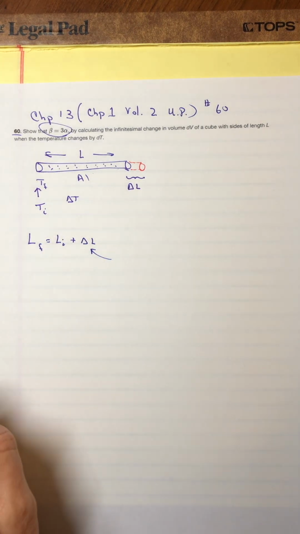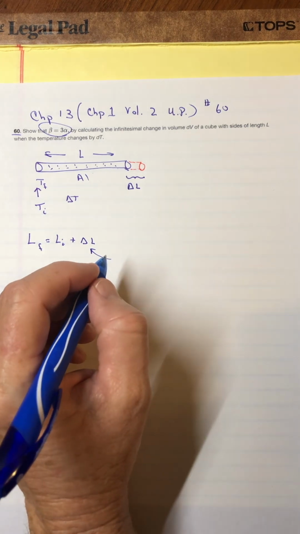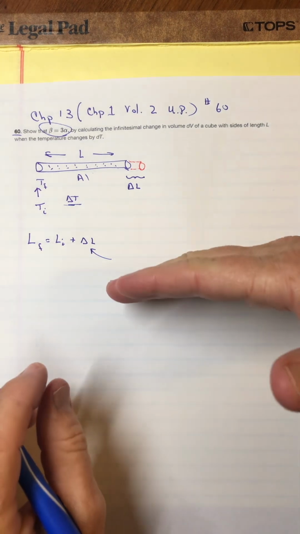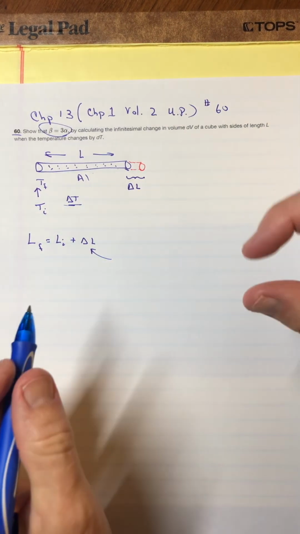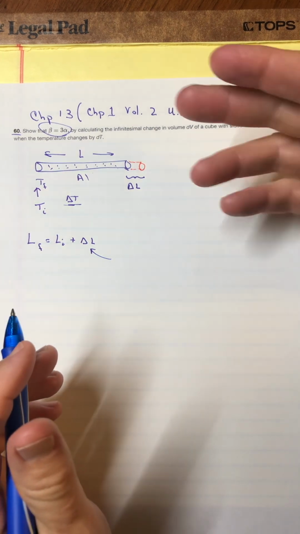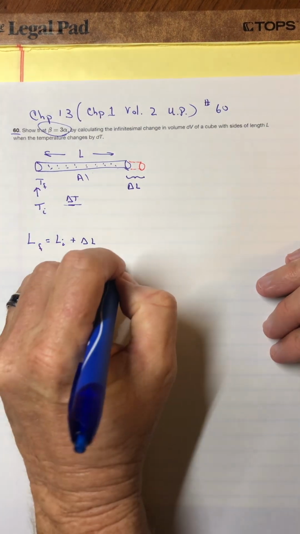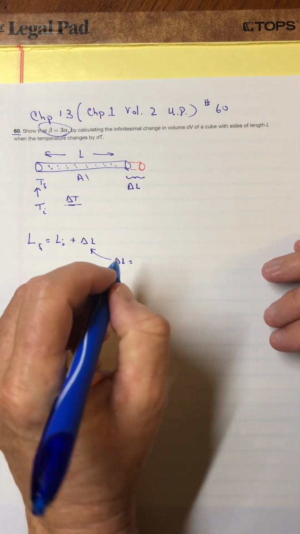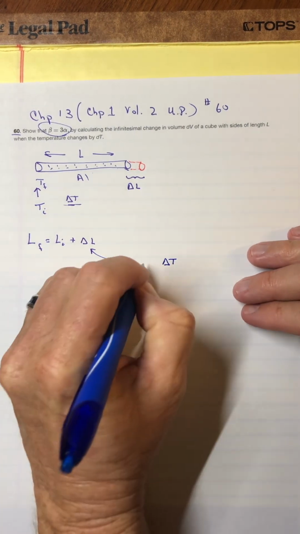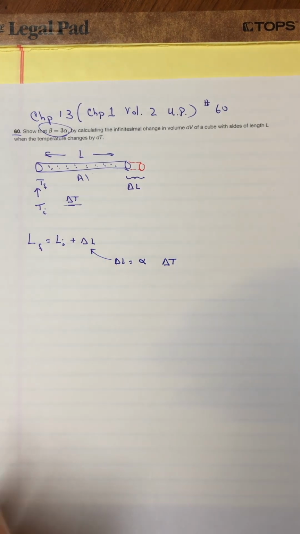And this little increase, we like to say, is proportional to the temperature. In other words, if the temperature goes up 1 degree, it grows by a certain amount, and then 2 degrees, it doubles and triples. So this delta L would depend upon delta T and some proportionality constant.